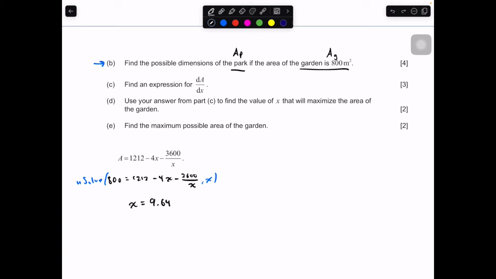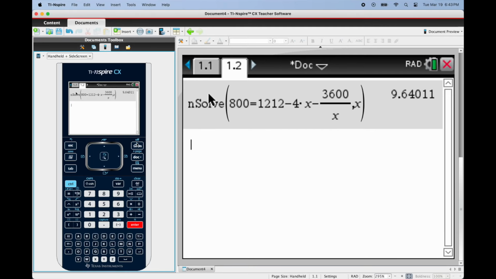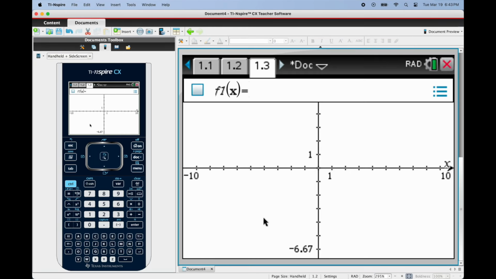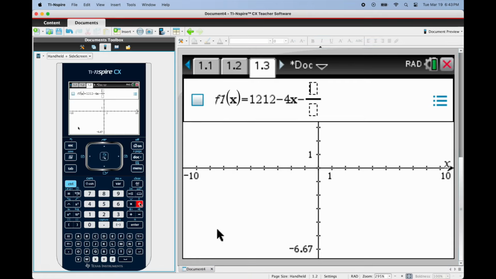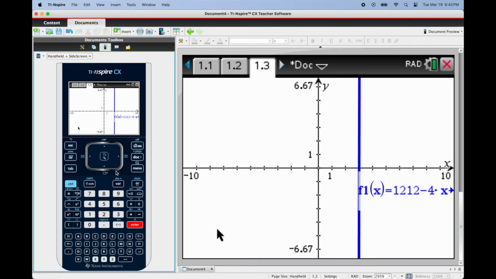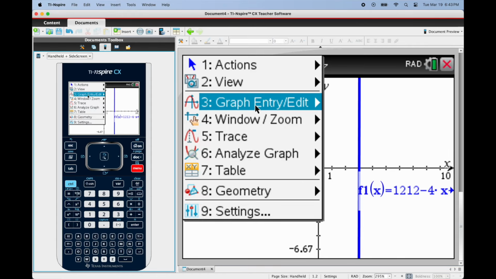If you wanted to, should we graph it? Okay, I'll graph it real quick. Feel free to skip ahead. 1212 minus 4x minus, let's write this out as 3600 over x. Let's zoom fit.